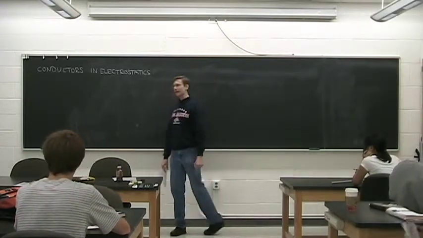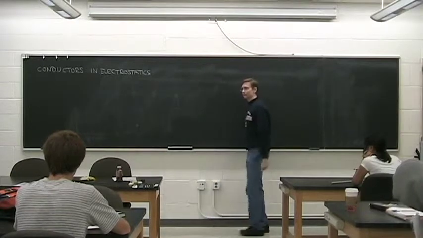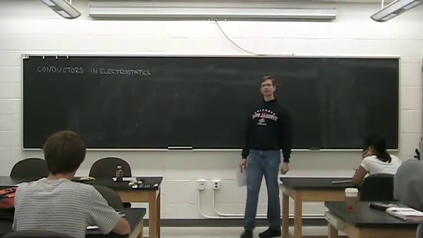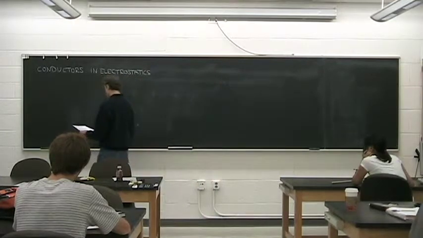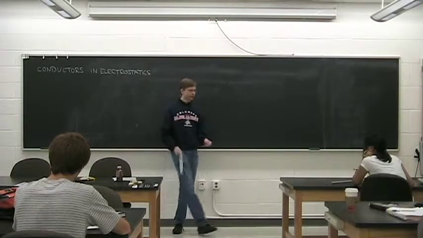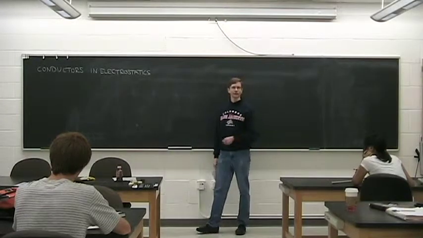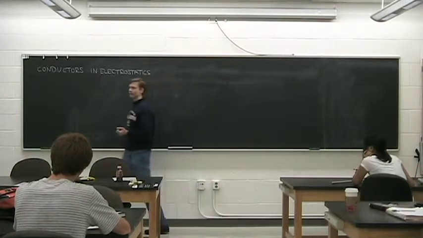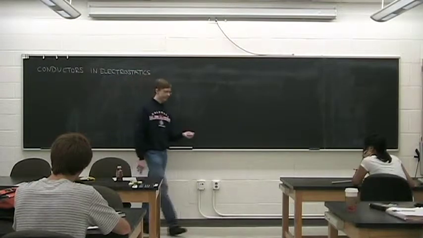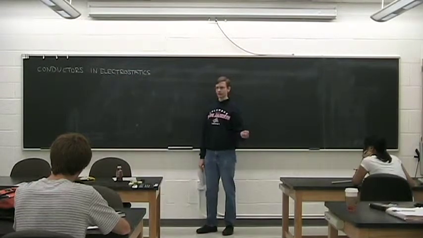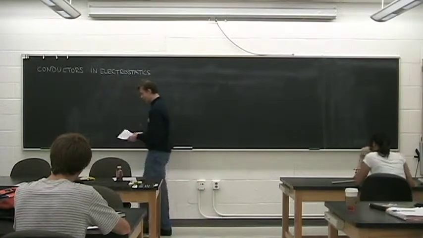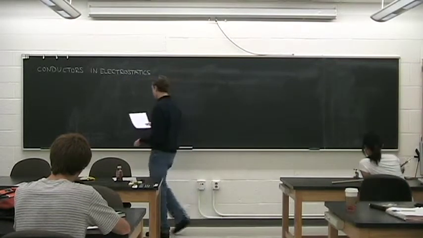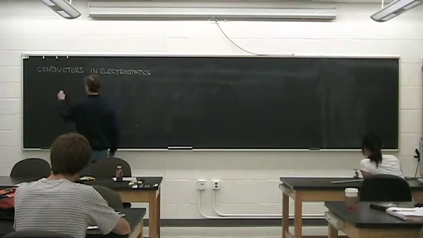And then from that it follows, using Gauss's law, that the charge density is zero everywhere inside the conductor, because the charge density is epsilon naught times the divergence of E, and if E is zero everywhere inside, then the charge density has to be zero inside the conductor as well.